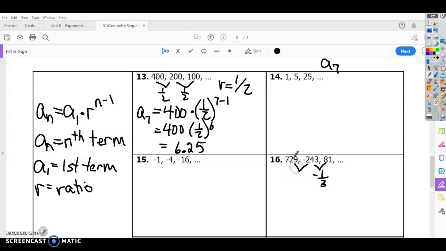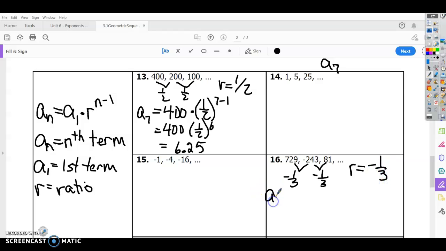If you hit the Math number 1 button on your calculator, it will change it to negative 1/3 so that you can see that. And then negative 243 divided by 729 gives you negative 1/3 again. So our common ratio is negative 1/3.